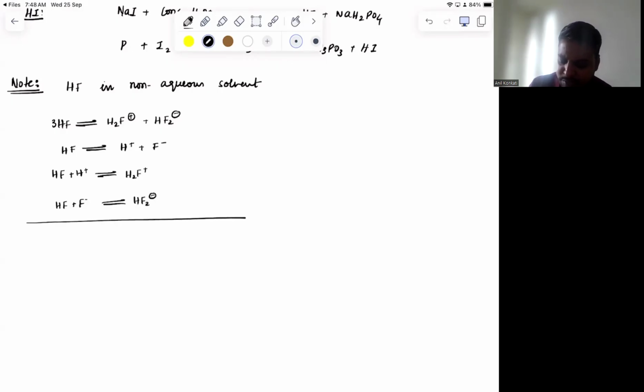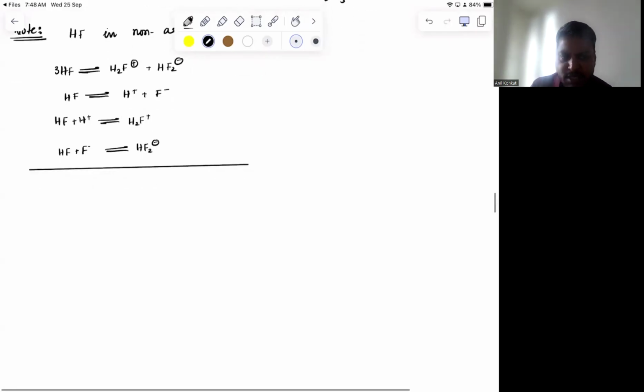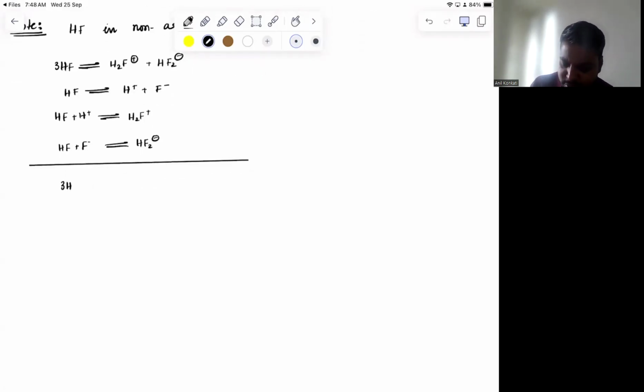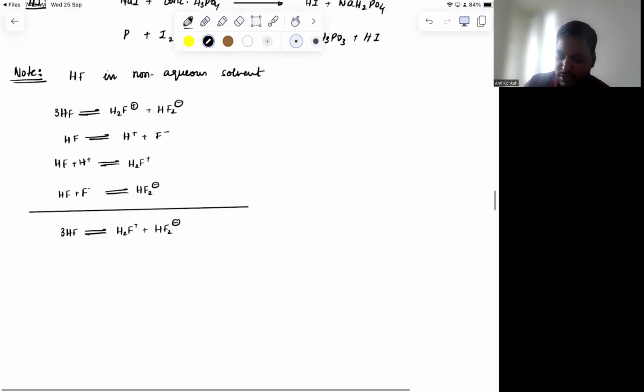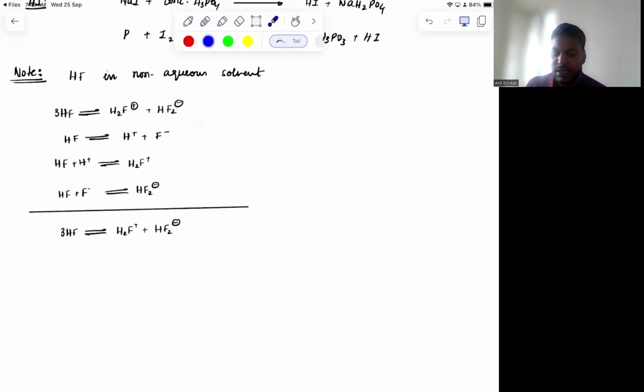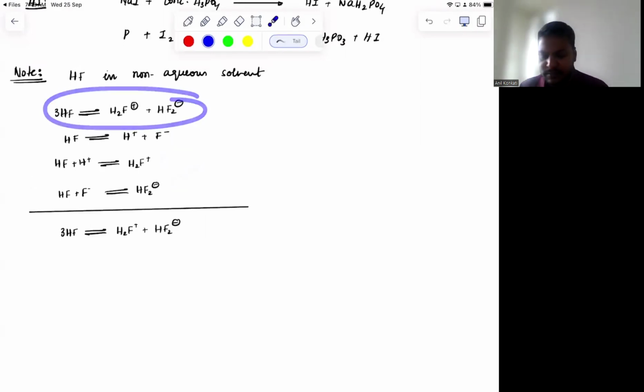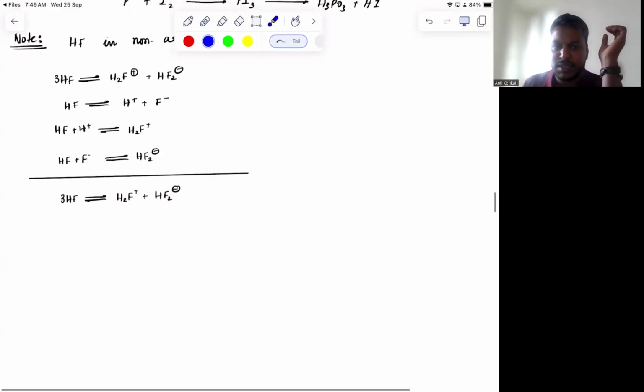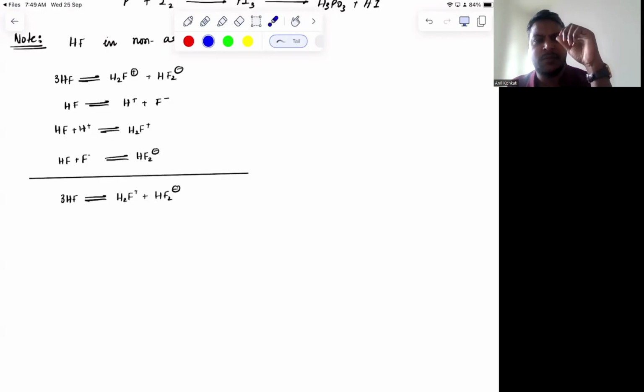So if I write the overall reaction, 3 moles of HF is going to give us H2F+ and HF2-. You can understand that adding equation 1, equation 2, and equation 3, we will get this overall reaction. Clear? This is what happens in non-aqueous solutions.